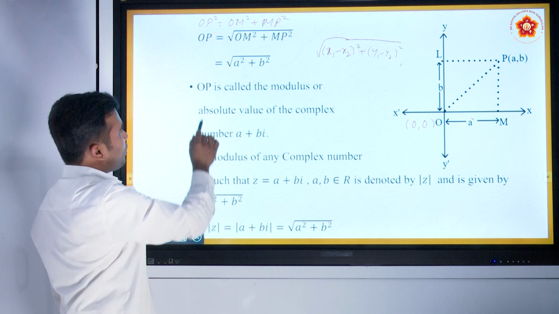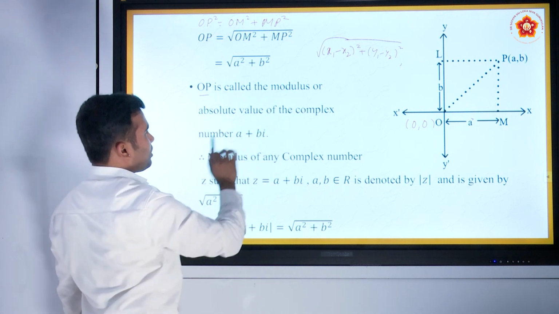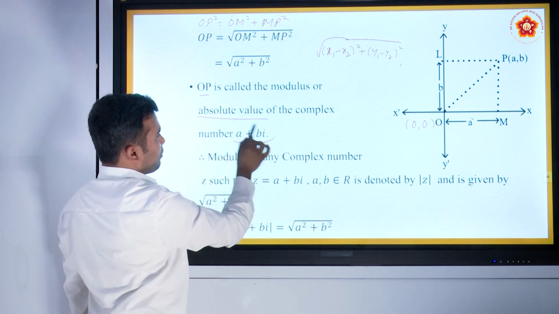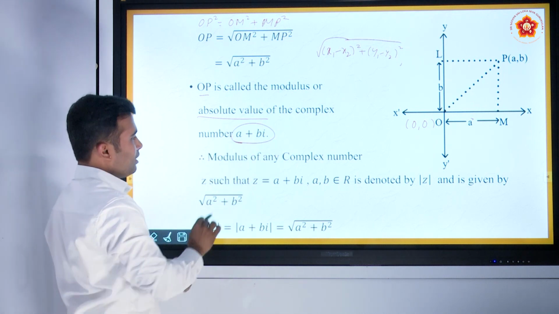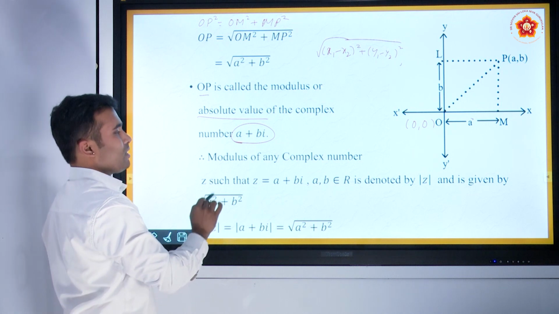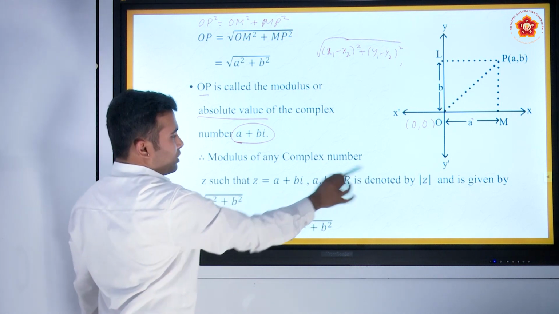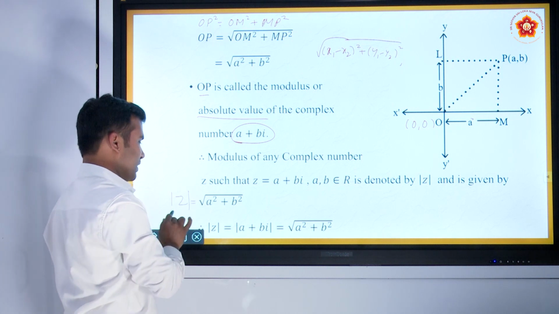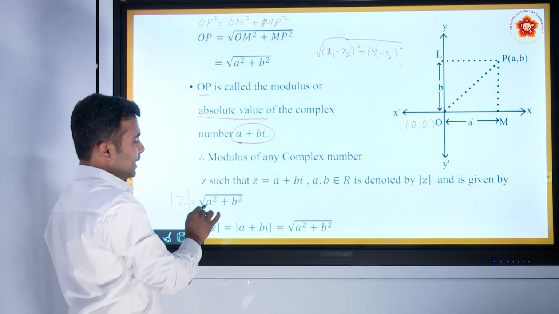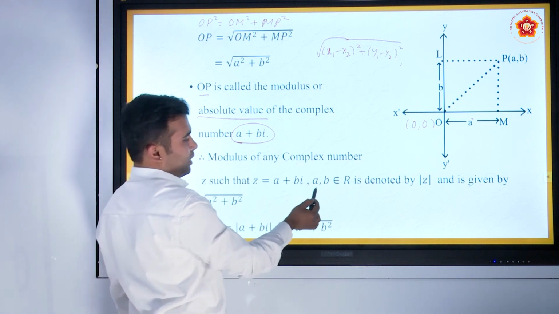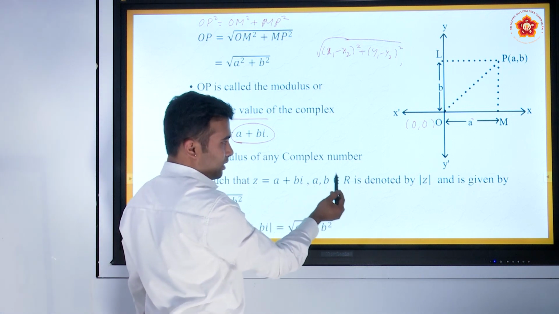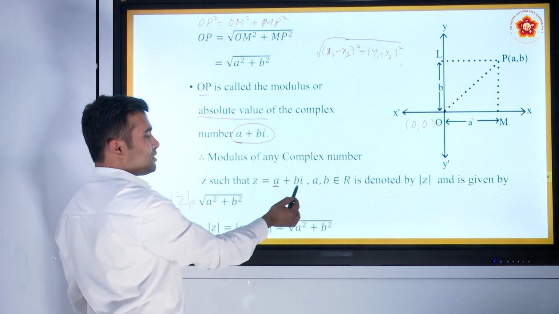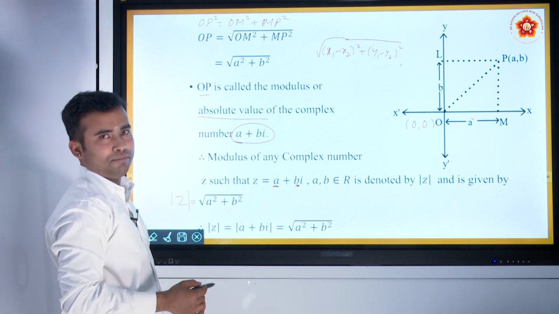Then we can say that OP is the modulus, or the absolute value, of the complex number a plus bi. Hence we can represent the modulus of a complex number as the magnitude of z: modulus of z is equal to the square root of a square plus b square, where a and b are real numbers, a is the real part of z and b is the imaginary part of z.